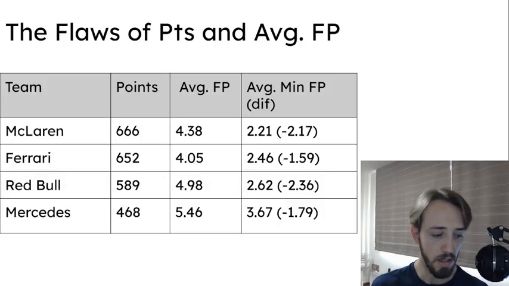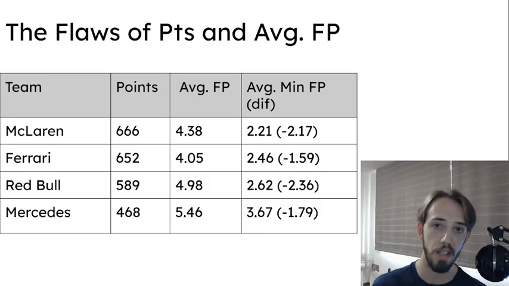So these are the results from the top four teams in the 2024 Constructors Championship. So of course, McLaren, Ferrari, Red Bull, and Mercedes. Now points: McLaren 666, Ferrari 652, a bit of a drop, 589 for Red Bull, and then a big drop as well for Mercedes, 468.